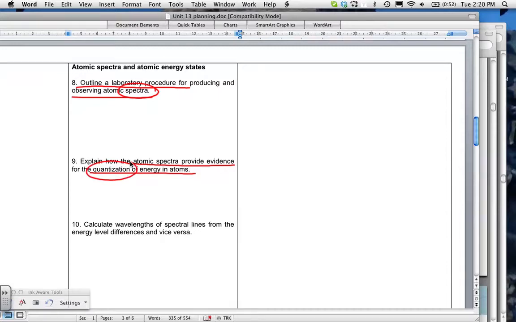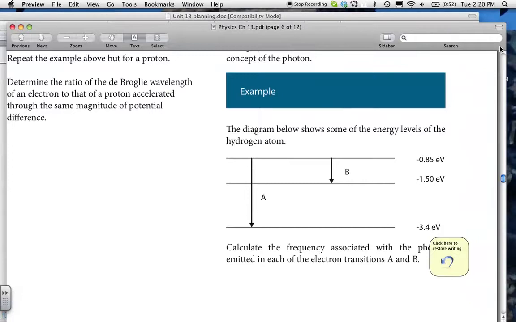Now we can calculate the wavelength of the spectral lines from the energy level differences and vice versa. To explain that, I'm going to use the example that is also given in your textbook.